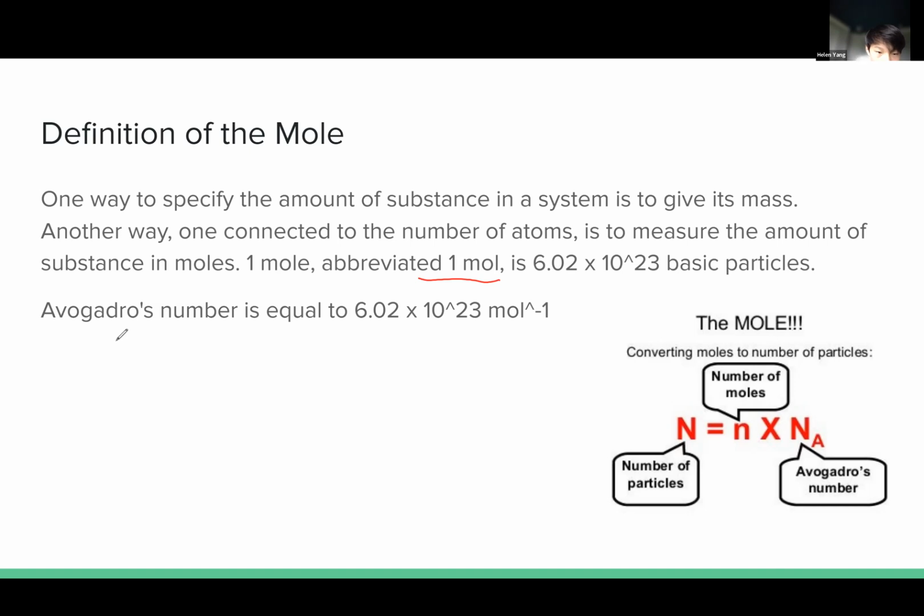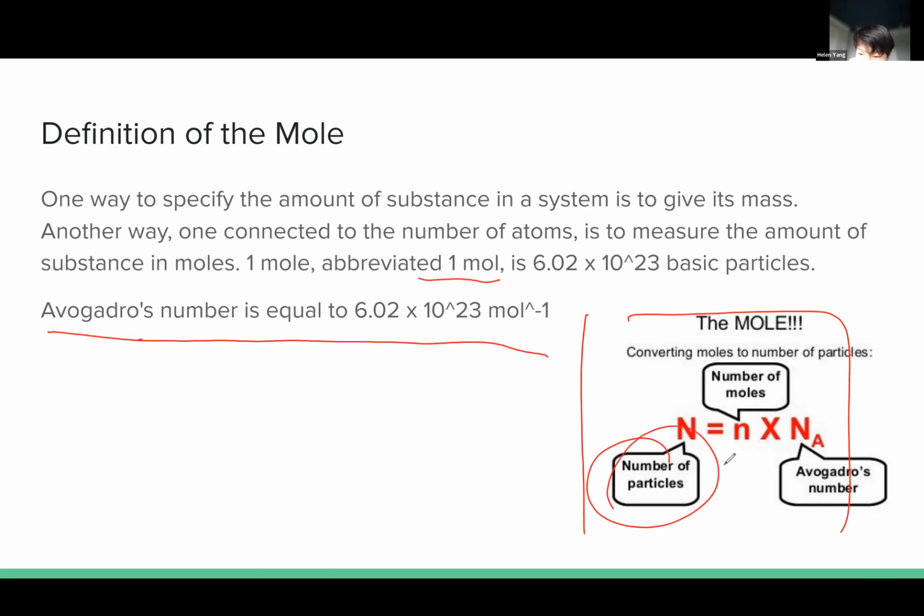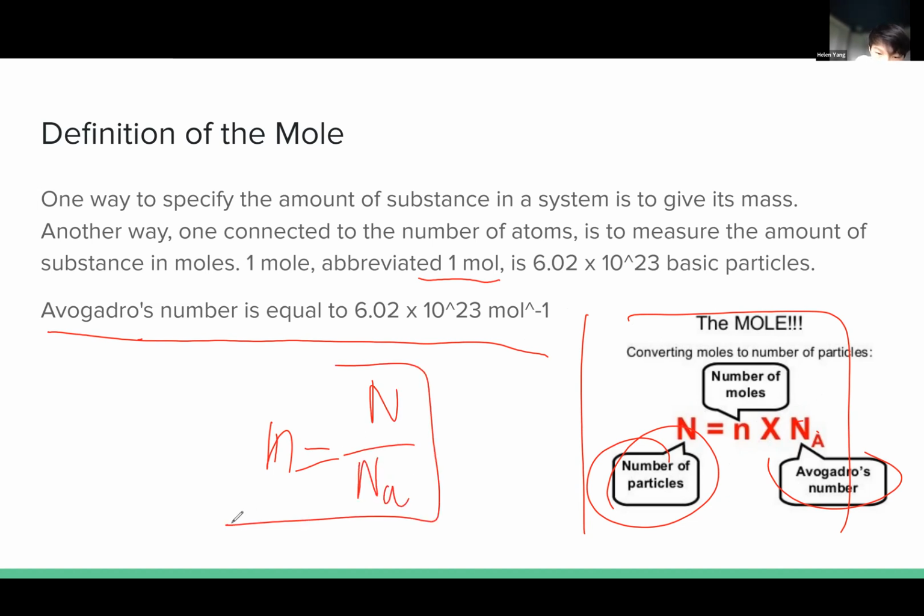Avogadro's number is equal to 6.02 times 10 to the power 23 moles to the negative 1. So this is the equation right here: the number of particles N is equal to the number of moles n times Avogadro's number. It's generally written as n equals N divided by N_A, and this is used to find the amount of moles.